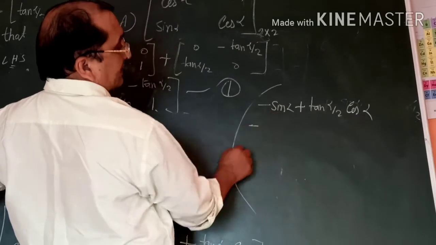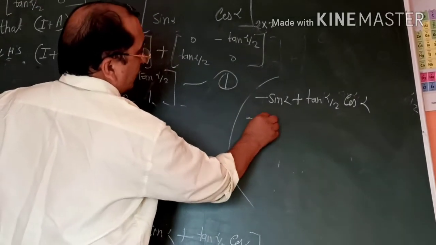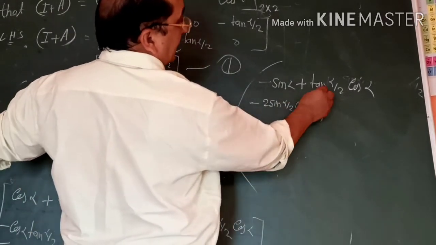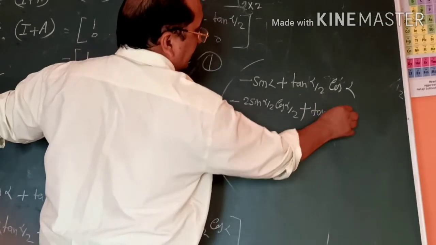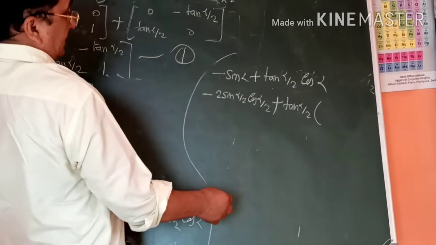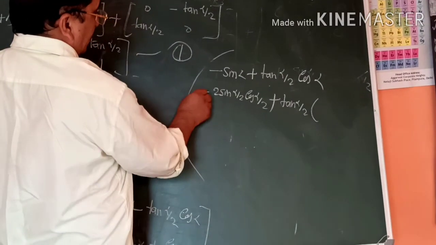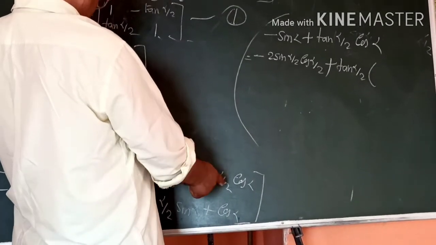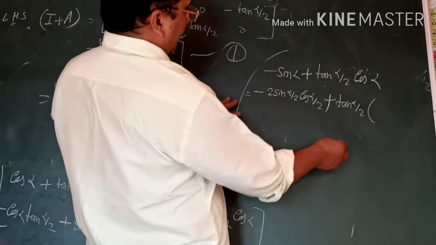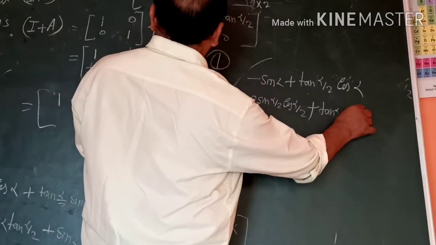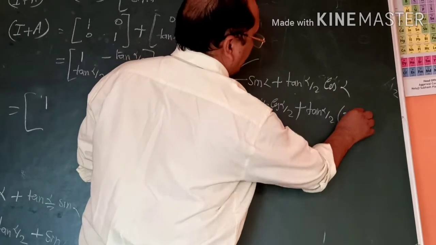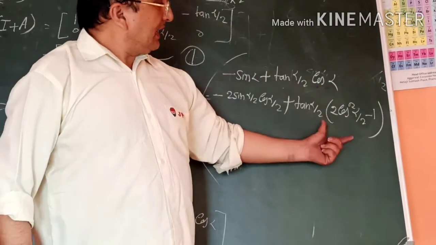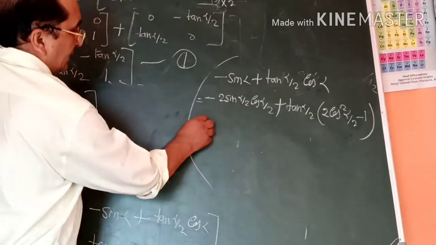Minus sin alpha can be written as minus 2 sin(alpha/2) cos(alpha/2), plus tan(alpha/2), and cos alpha can be written as 2 cos square(alpha/2) minus 1, because cos alpha has the formula 2 cos square(alpha/2) minus 1.